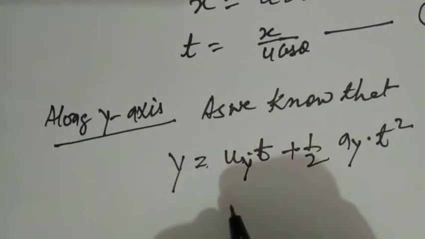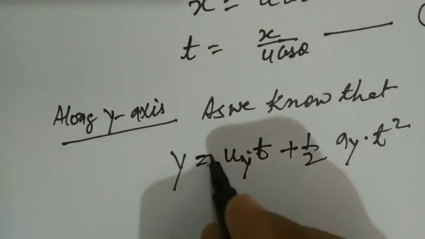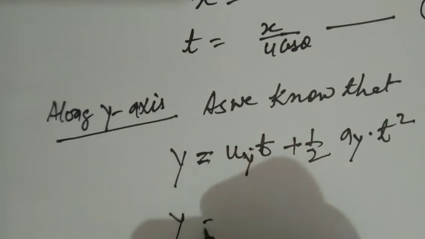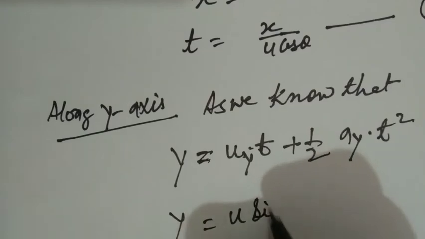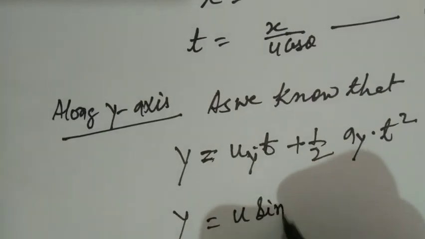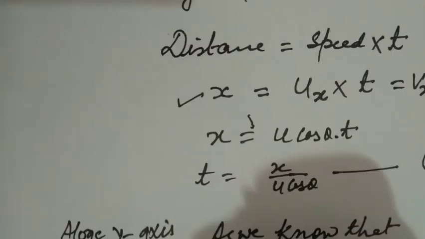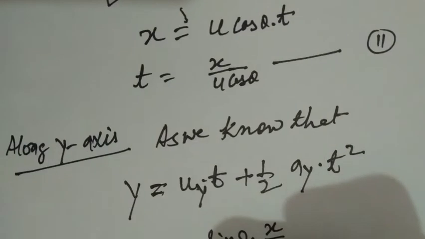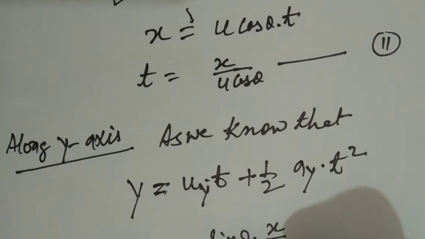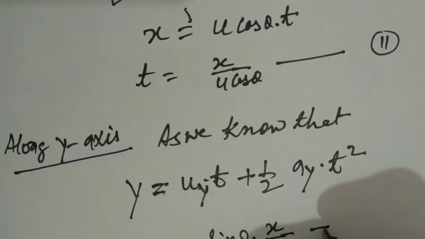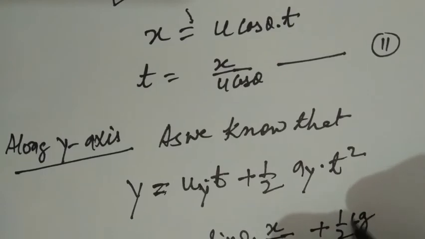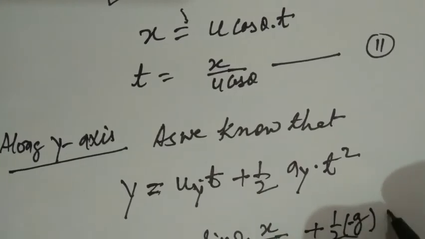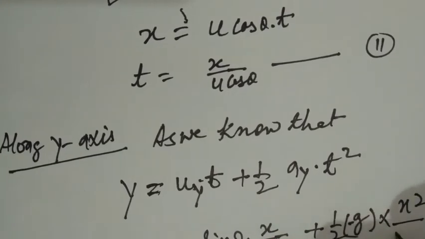Okay, uy is velocity, vertical component. Again uy is equal to, just we have calculated, u sine theta. Just see here, t is equal to x by u cos theta, half ay, that is g and it is downward, and t square is x square by u square cos square theta.